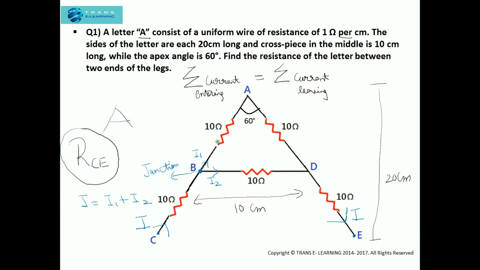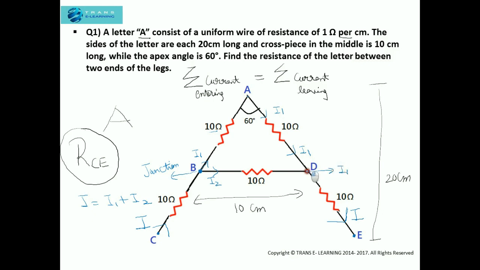Now this I1 current flows through the 10 ohm resistor. It reaches the point A, and the same current I1 flows through this 10 ohm resistor and it reaches the point D. So at this point we have current I1.